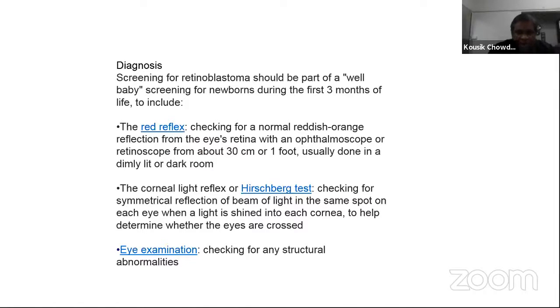The corneal light reflex or Hirschberg's test, checking for symmetrical reflection of the beam of light in the same spot on each eye when a light is shined into each cornea, helps to determine whether eyes are crossed. Eye examination, checking for any structural abnormalities.